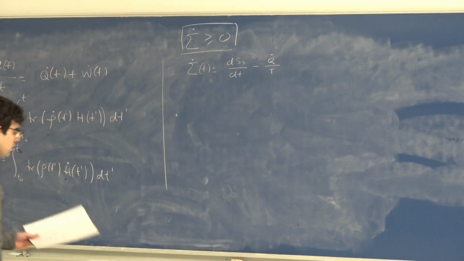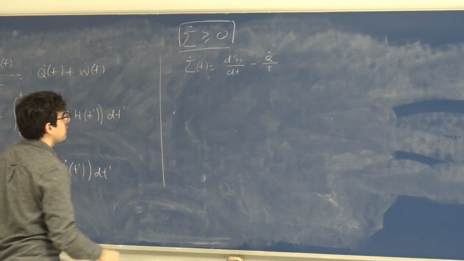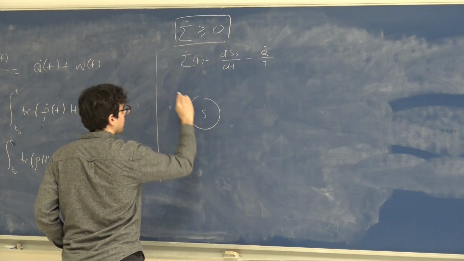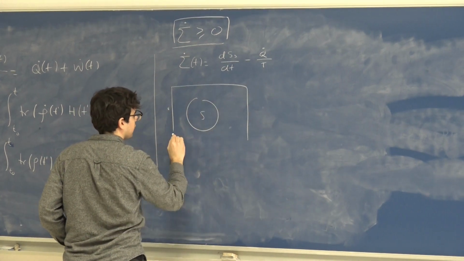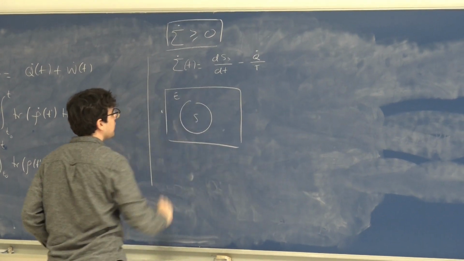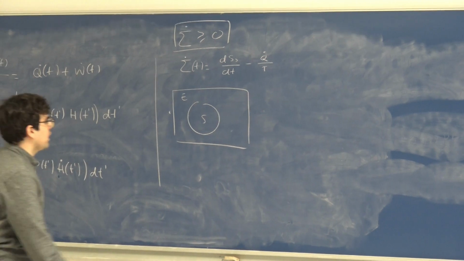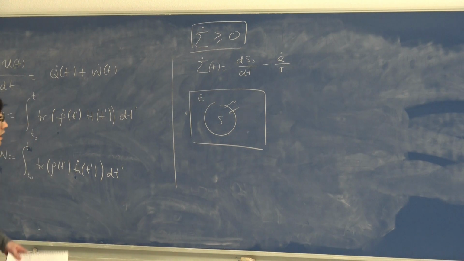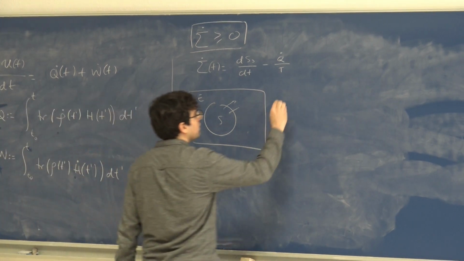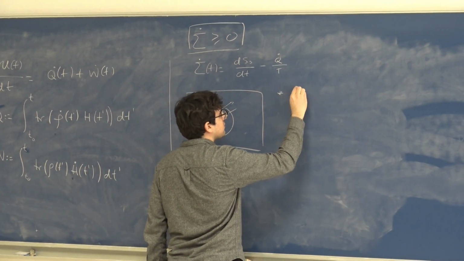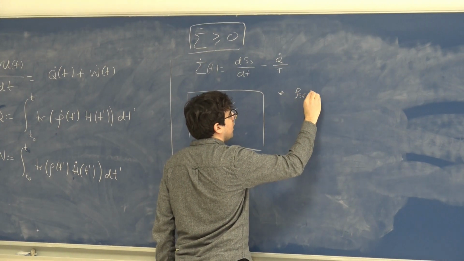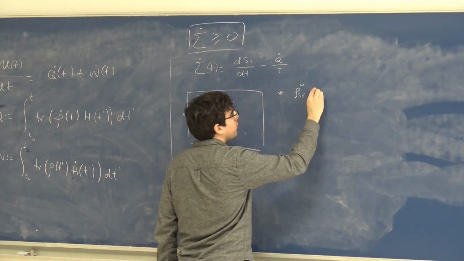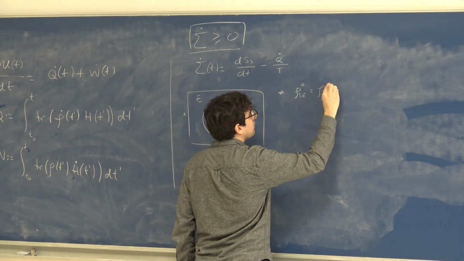So we are going to consider simply a system interacting with an environment, and they are somehow interacting, right? And we're going to assume that initially the system and the environment are uncorrelated.